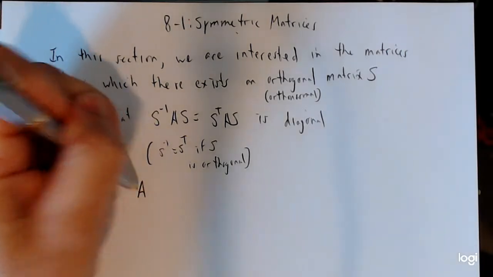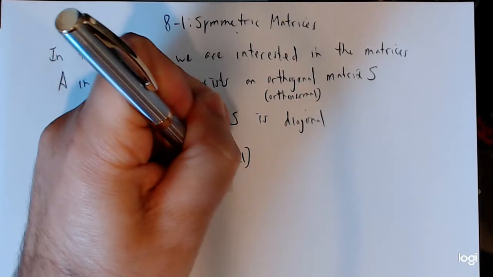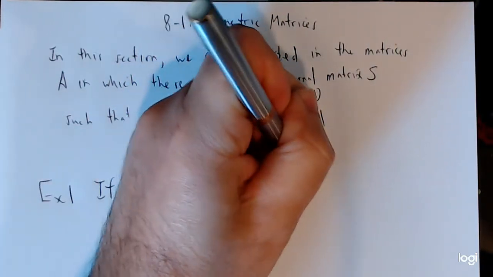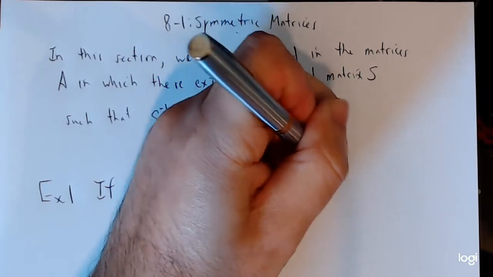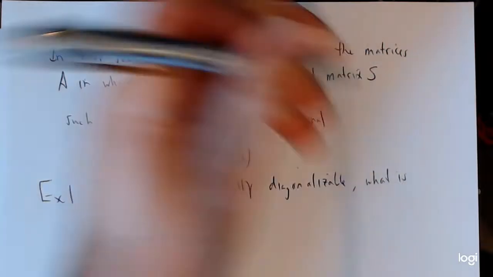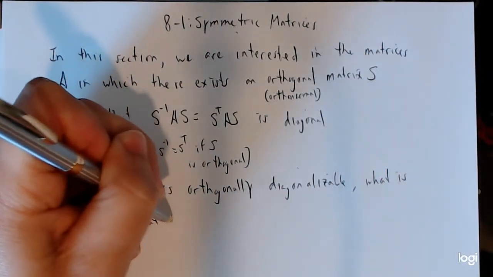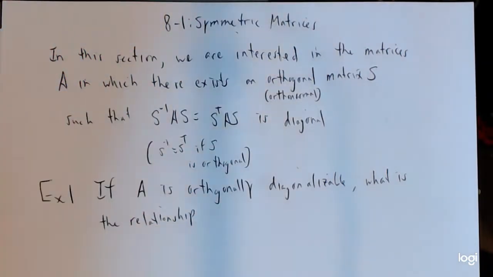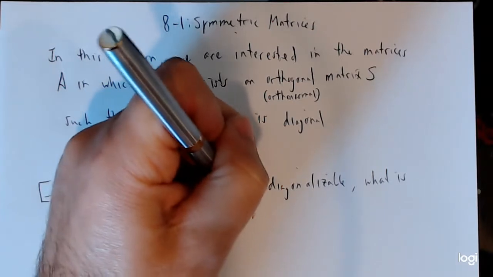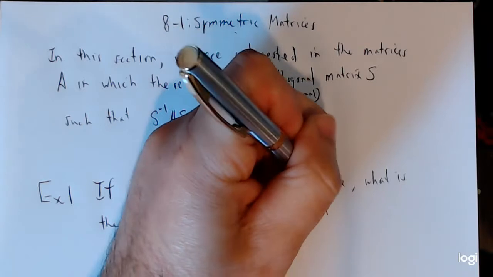So we're going to say, look, if A is orthogonally diagonalizable, the question is, what is the relationship between A transpose and A?